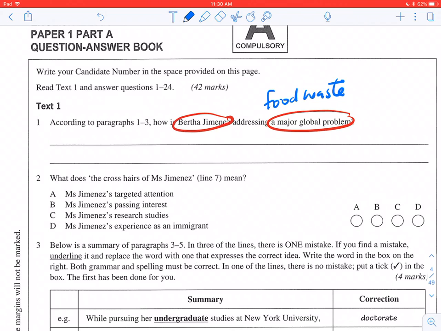Now let's look at paragraph 3. In paragraph 3, you see that the person has the second mention already. The first mention is in the first paragraph. All right, and let's go to paragraph 3. And you see the words that convert the grain into flour.